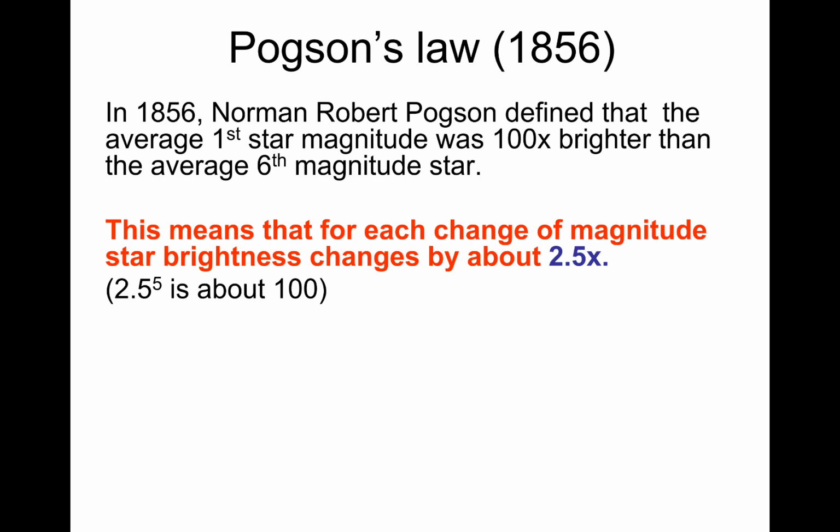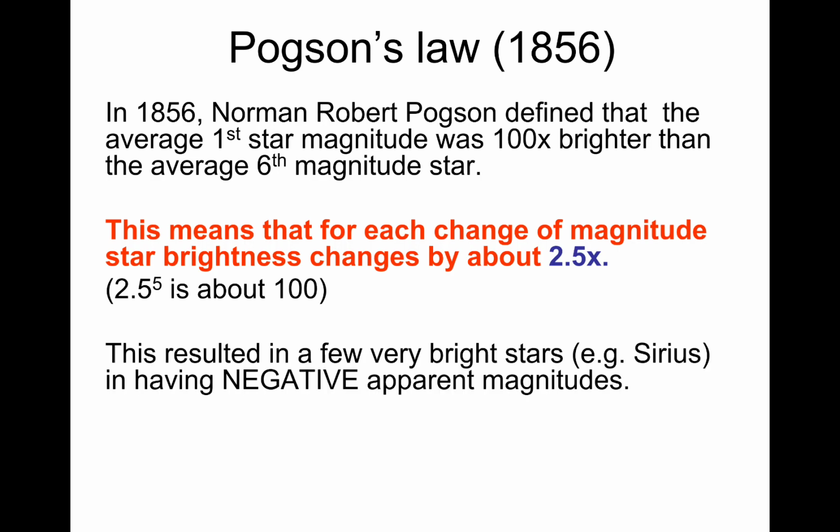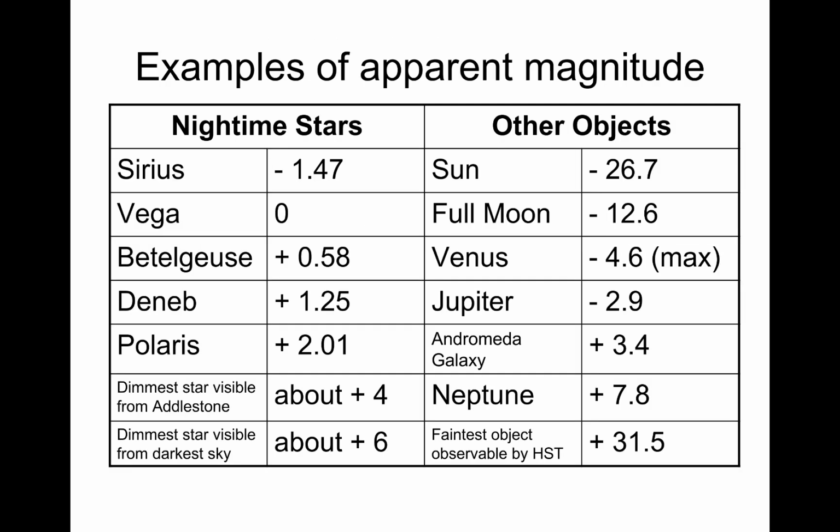So what we're going to do next is some examples of apparent magnitude, because obviously the initial one done by Hipparchus was just 1 to 6. In modern times we've got a vastly different approach, resulting in very few very bright stars. So what we've got now is negative apparent magnitudes. So we'll see that in the examples.